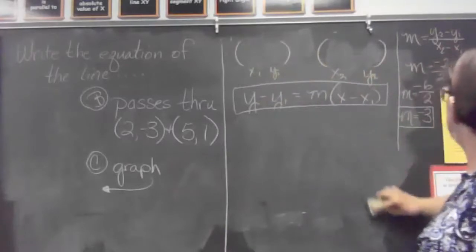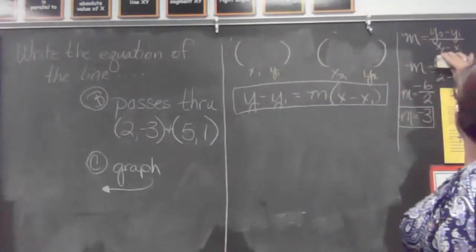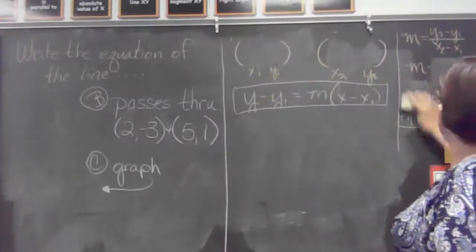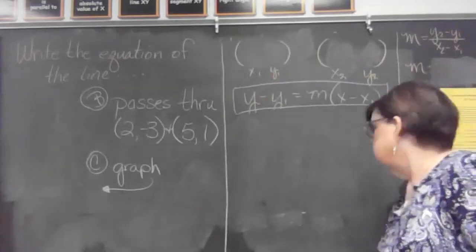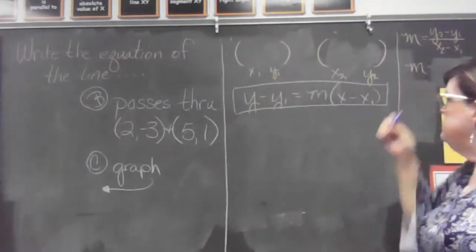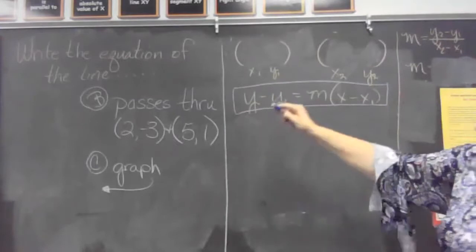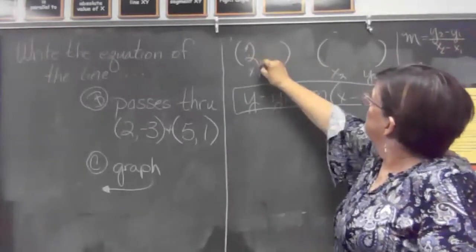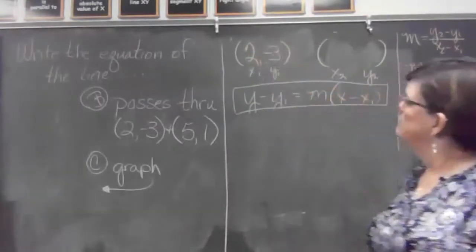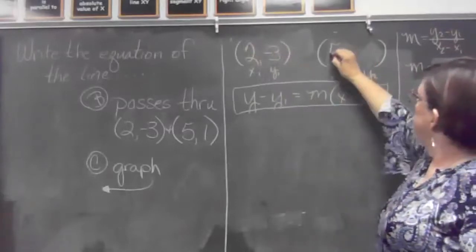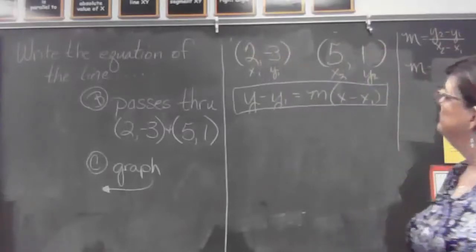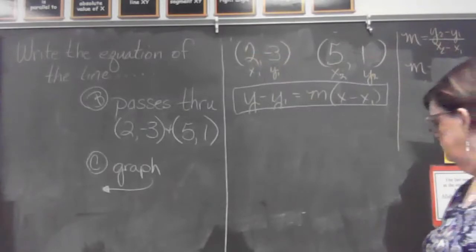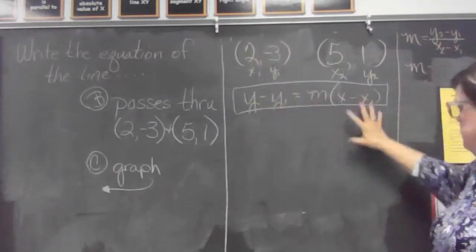So in actuality, we're going to do the exact same thing. Here are the 2 points they give us. 2 and negative 3 and 5, 1. So again, let's fill this out.